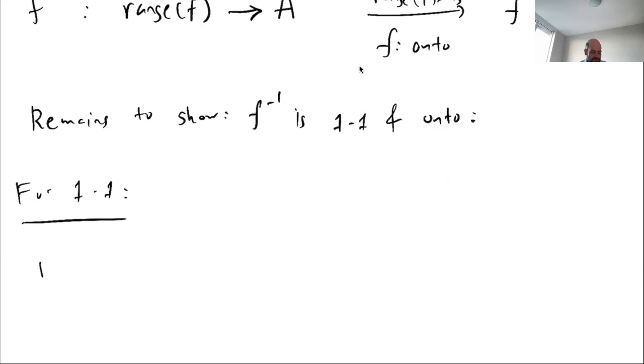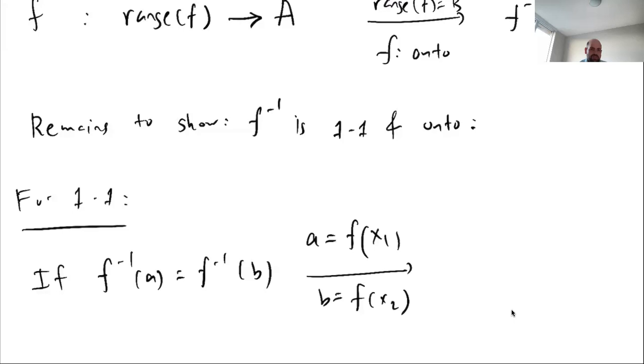Assume f inverse of A equals f inverse of B. Where are A and B?